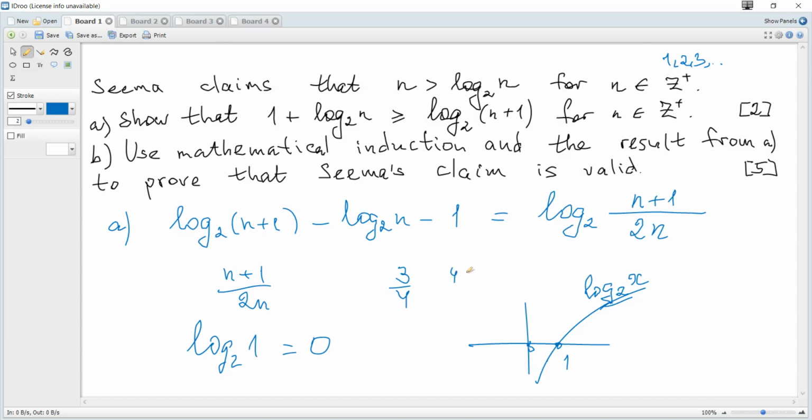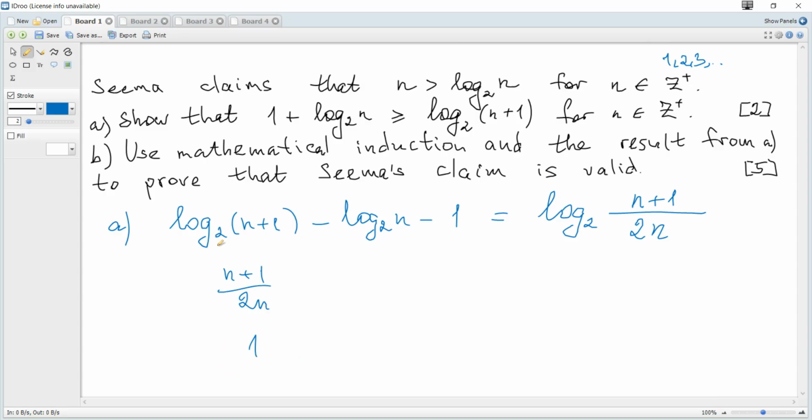For any other value of n, for example 4, you get 5 over 8, and the denominator will always be larger than the numerator, so this expression will always be less than 1. And it's definitely positive because n is positive. So we can say that n plus 1 over 2n is less than or equal to 1 and greater than 0.